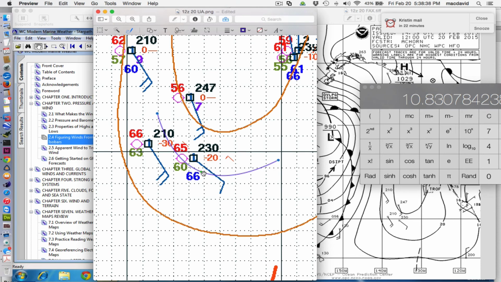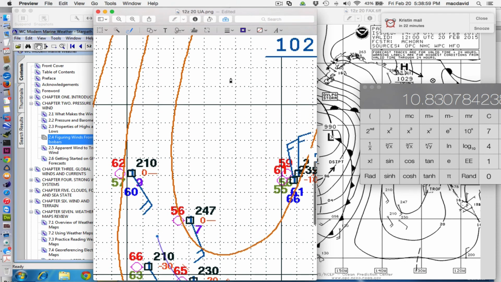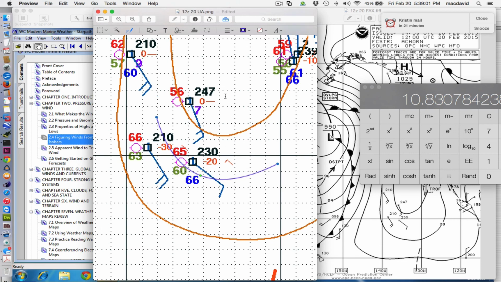Now, here's a little subtlety on map reading. Look at all these ship reports. My conclusion is, look at this guy and this guy both going, I think their isobars are probably not right down here. Let's say the ship reports are right. The one upstairs we saw, that's just wrong. But this one, the question is probably the isobars are not right.